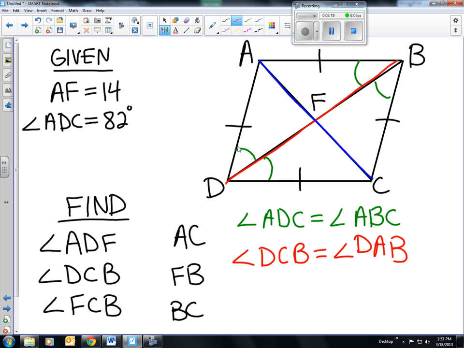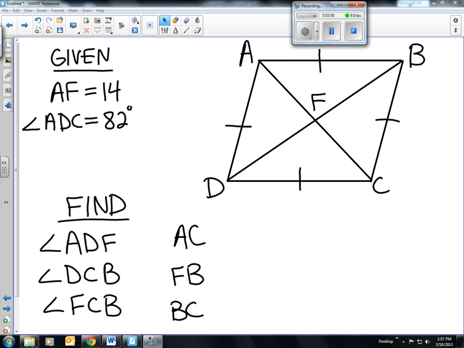So here, angle BAF is going to be congruent to angle DAF. I'll use 2 marks there because they're not the same angle as the 1 arcs. And that also means that angle DCF is going to be congruent to angle FCB. So those are the properties. That's what the properties of a rhombus give us in the diagram.